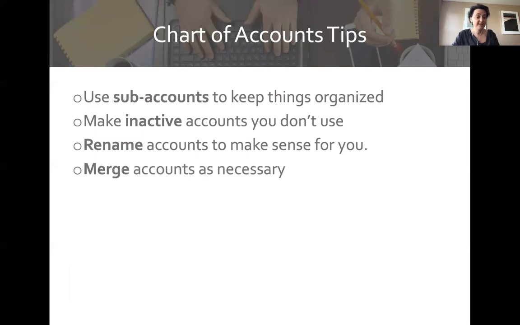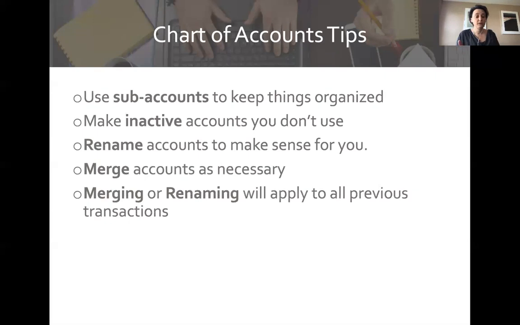And to that end, if you end up having two categories for the same thing, you may want to merge them. So if you look at your QuickBooks and you're like, oh shoot, I have compost and I have soil amendments, and I really want to merge those two, you can rename them. If you rename compost to soil amendments, it's the same as the other one. It's going to merge those two accounts.